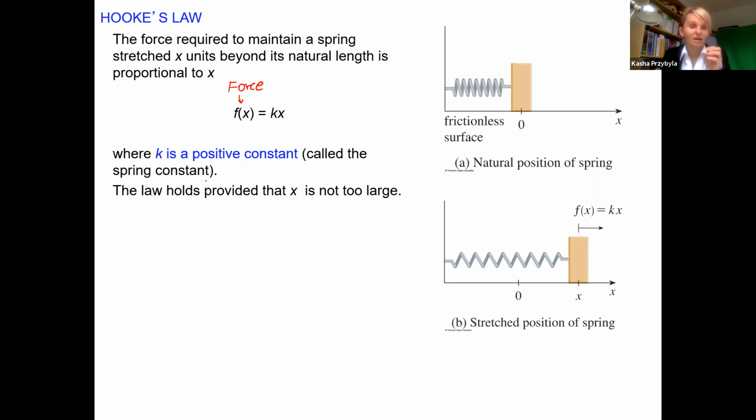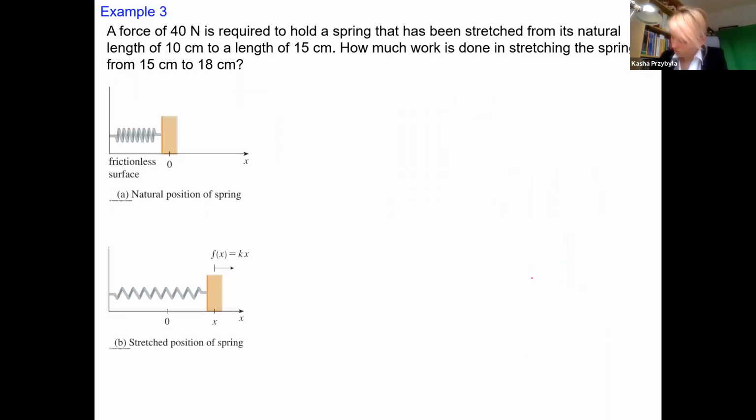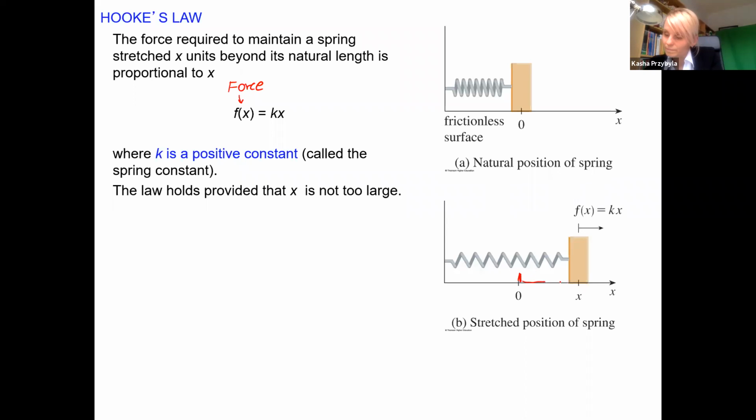That means, if k is big, probably it's not easy to move the spring. If it's small, probably it's easier, okay? That we can see, in order to move from 0, from its natural length, natural position, x units.